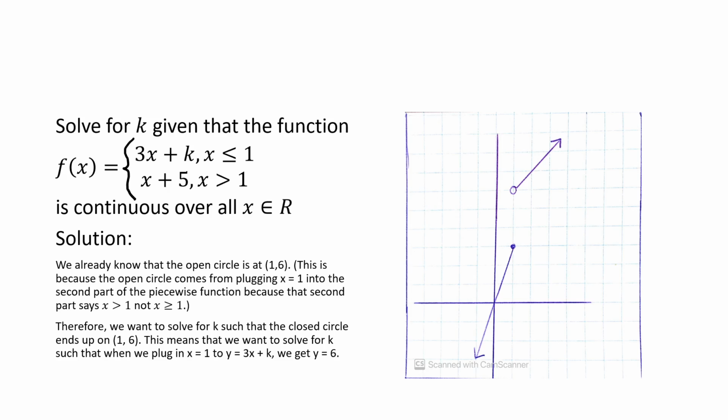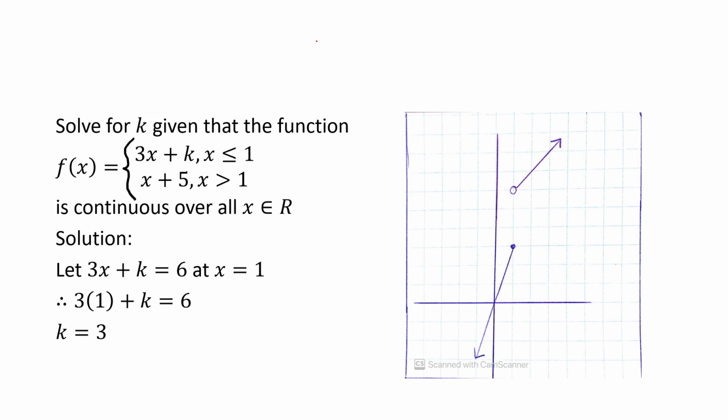In other words, we want to solve for k such that when we plug x equals 1 into y equals 3x plus k, we get y equals 6, because we know that's the bottom part. In other words, we want 3 times 1 plus k to equal 1 plus 5. Okay, and we end up with k equaling 3.